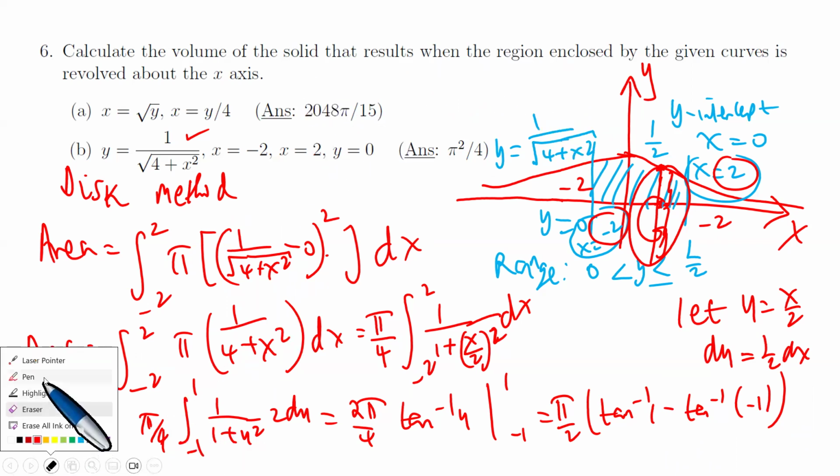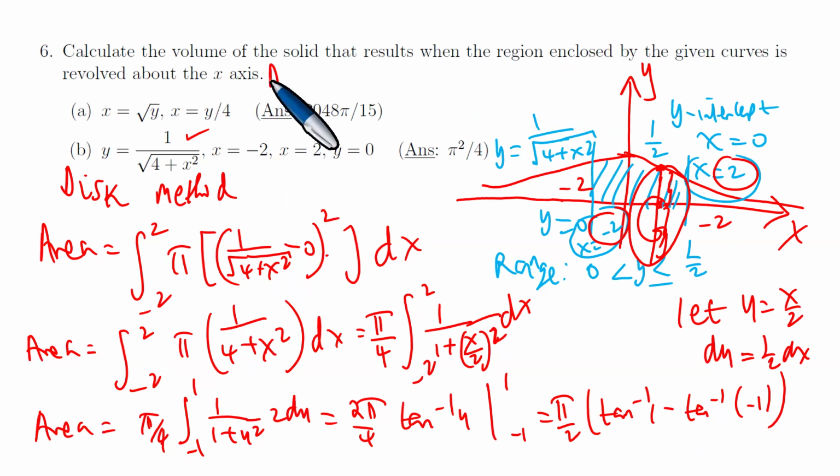What is the area? Pi over 2 times arctan 1, which is pi over 4. And the negative goes out through the arctan function, so negative by negative, it's a plus pi over 4.